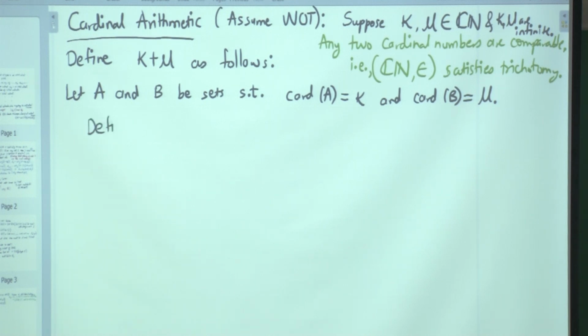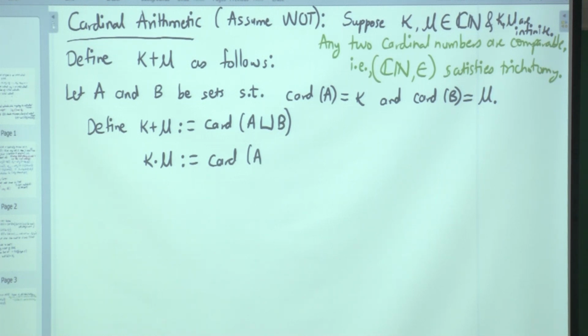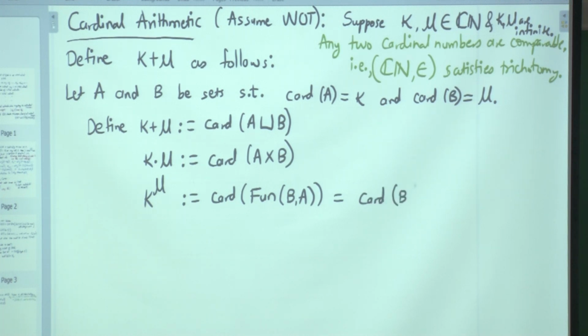Then define kappa plus mu as the cardinality of the disjoint union of A and B. Then kappa dot mu is the cardinality of the Cartesian product of A and B. And kappa to the mu is the cardinality of not the power set, but the set of functions from B to A. This is what we write as cardinality of A to B.